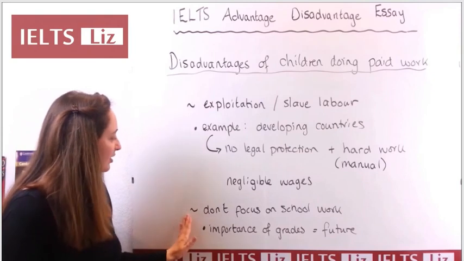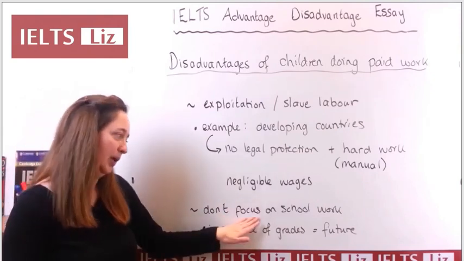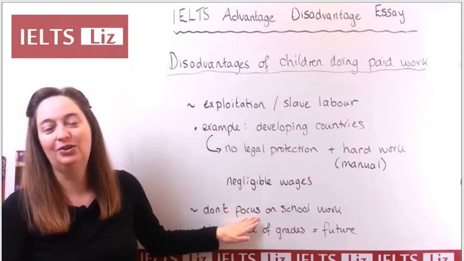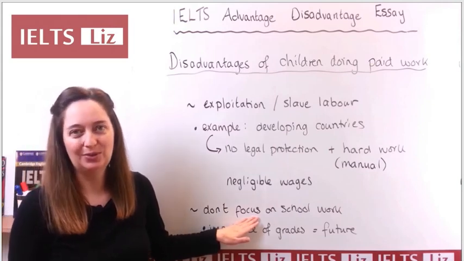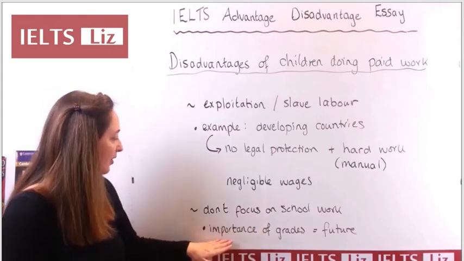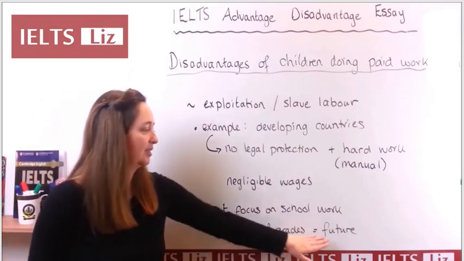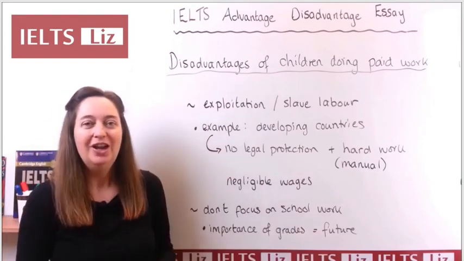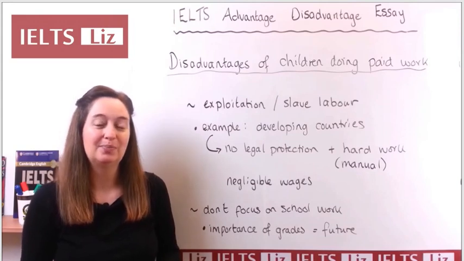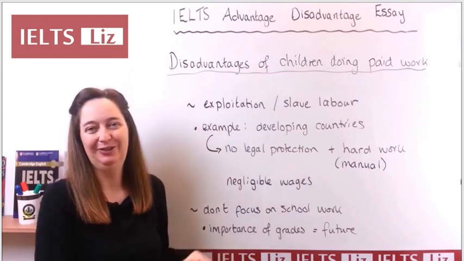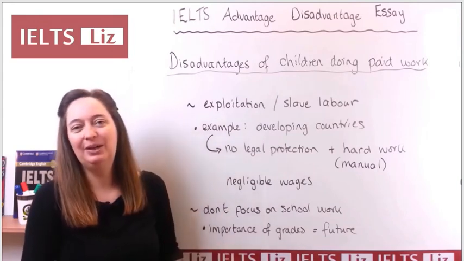The second disadvantage is about schoolwork. Now, if children are doing paid work, they can't focus on their schoolwork, which is a problem. And the problem will be that good grades are important for their future. You can see that we've got 2 disadvantages, but we had 3 advantages. Is it important to have an equal number?